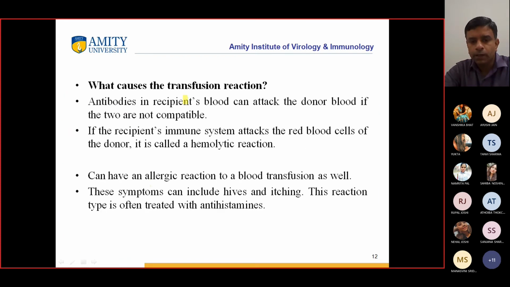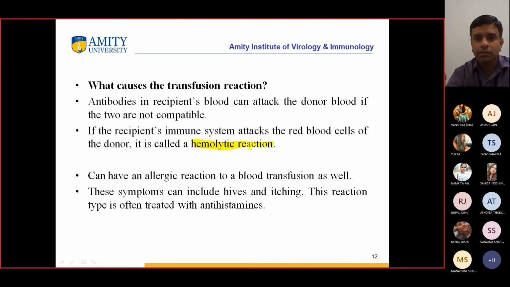Okay, now why does this happen? So what happens? The antibody in the recipient's blood can attack the donor blood if the two are not compatible, right? Okay. Now, if the recipient's immune system attacks the RBC of the donor, it is called a hemolytic reaction.